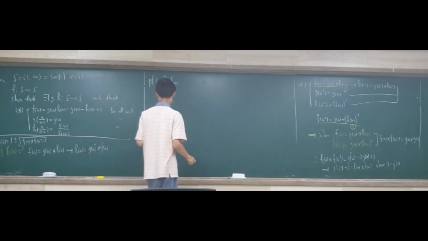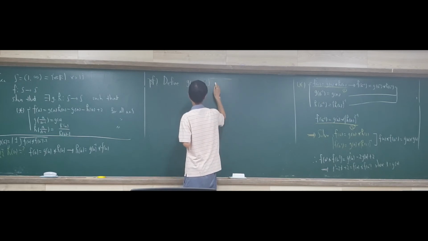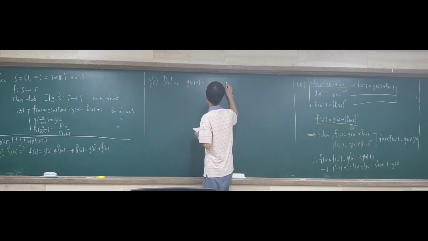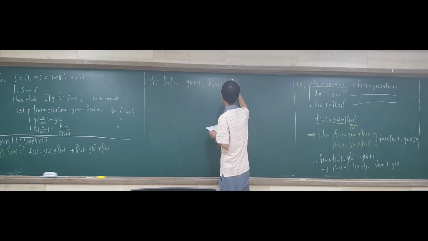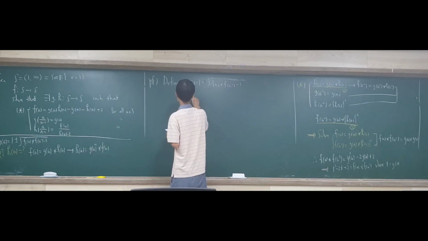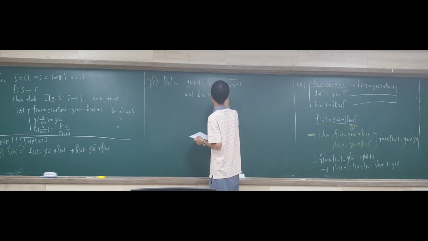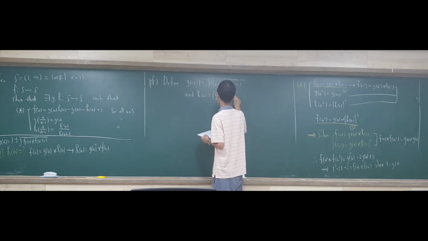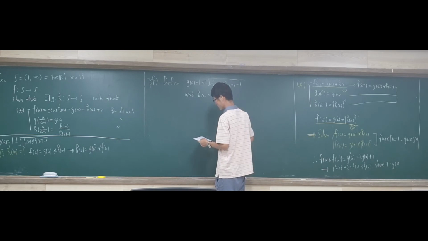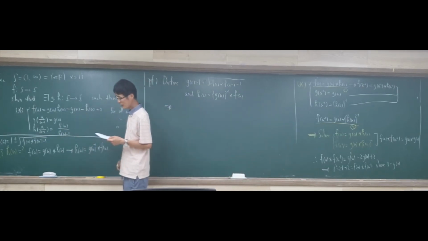So we define G(a) to be 1 plus the square root of F(a) star F(a) inverse minus 1, and H(a) to be G(a) inverse star F(a).